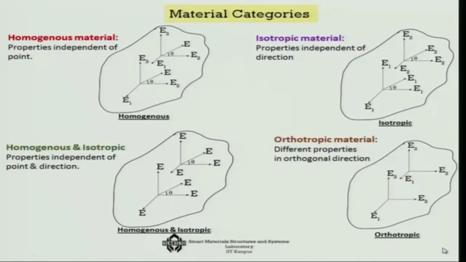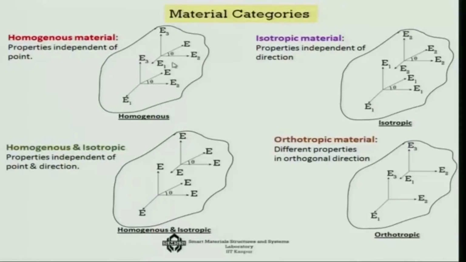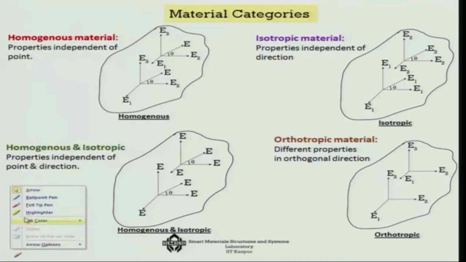Now, the other point is that the materials based on these stress strain relationships are actually divided into sub categories, like the homogeneous materials, for which the properties are independent of where I am measuring the property.